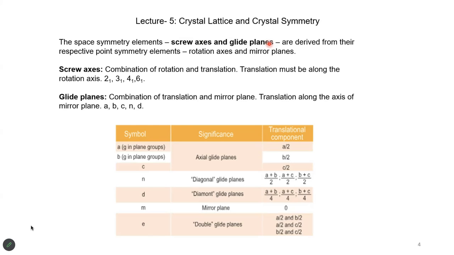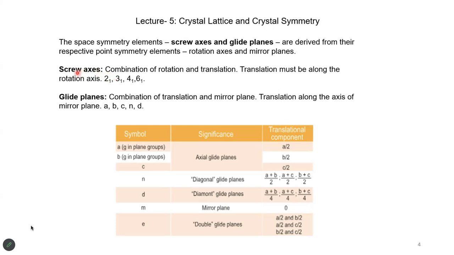How to explain this? It is nothing but a combination of rotation and translation. If we have a twofold rotation and we don't get an equivalent position, then after a certain rotation about the axis of twofold rotation, we translate, and then we get the equivalent position.